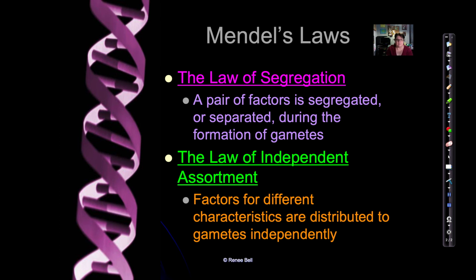It doesn't necessarily mean all moms go to one thing and all dads go to the other. It's just a mixture. And they assort independently of one another. If you have blonde hair, it doesn't mean you're going to have blue eyes. If you have a tall plant, it doesn't mean it's going to have purple flowers. So there is segregation during meiosis and independent assortment when we're talking about what traits go together.